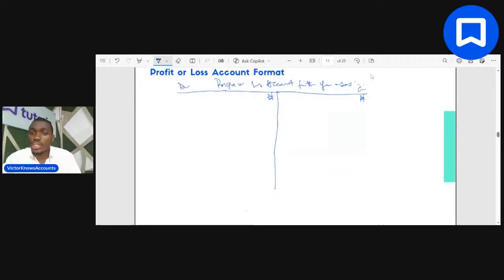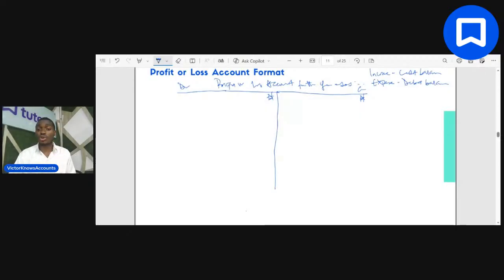Don't forget, your income has a credit balance. Your expense has a debit balance. Whenever you are dealing with income, don't forget your profit or loss account is an income account. You want to know the amount of profit that you made.